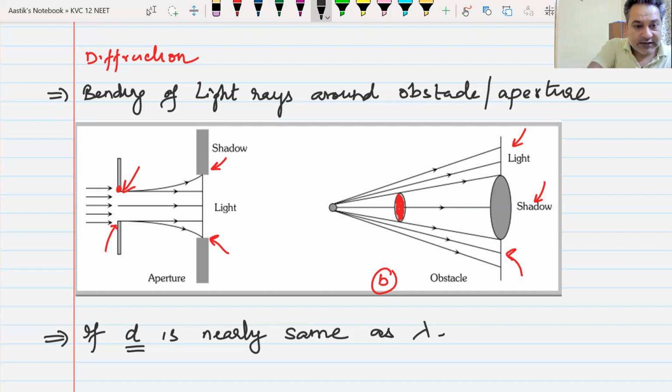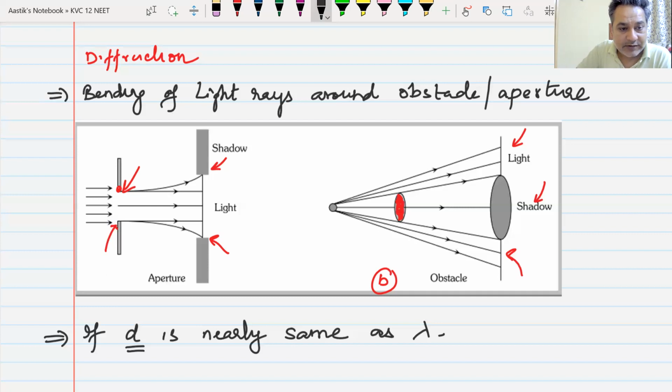I hope you understand this. Yes or no? Most of the questions will be theoretical in nature. Will you observe diffraction? They will give you a certain wavelength of light and a certain size of the obstacle, and then they will ask you whether you will observe diffraction or not.